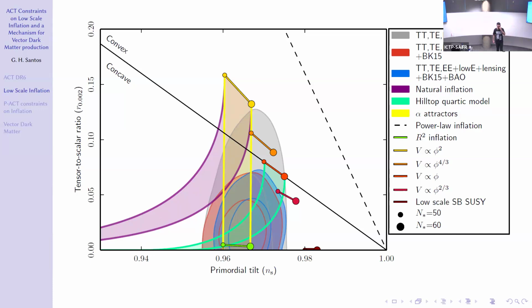In high scale, we can use them, but in low scale, they're not consistent with the observations. We also see that these results prefer concave models instead of convex potentials. We also notice that the Starobinsky potential, which is this R squared here, is pretty much inside the allowed range. It is one special case of the alpha attractors, which are represented by this yellow line here. Starobinsky is well positioned here. This is going to change with the ACT results.